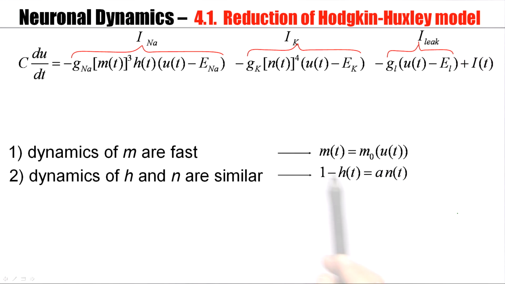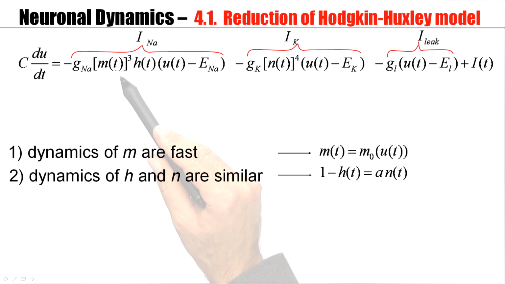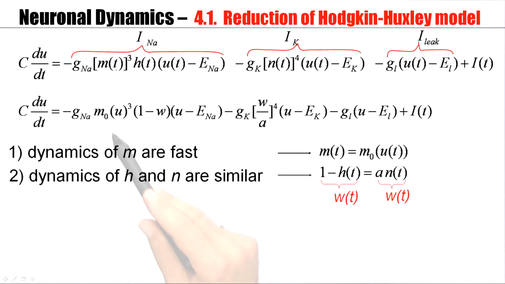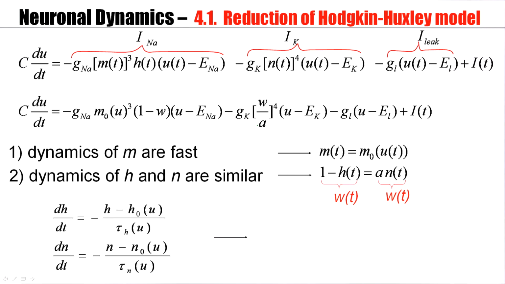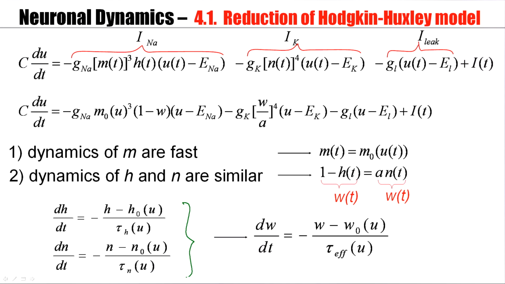In the Hodgkin-Huxley equation, we have inserted the momentary value m0 of u. We have replaced h by 1 minus w. We have replaced n by w over a. And we have found an additional equation for this new variable w. w likes to go towards w0 with some time constant tau effective.